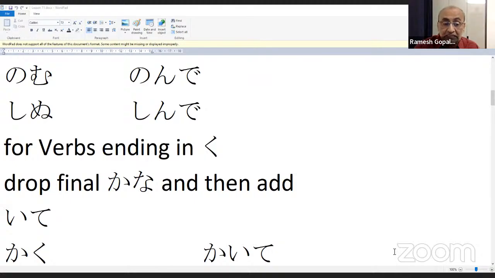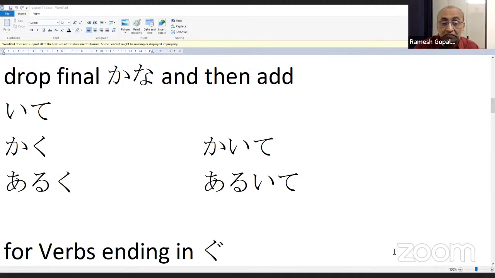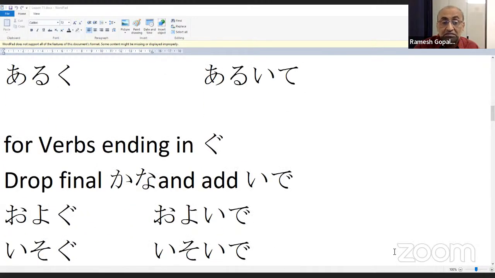So kaku kaite, aruku aruite. Verbs ending in gu, drop the final kana and add ide. So oyogu is oyoide, isogu is isoide.